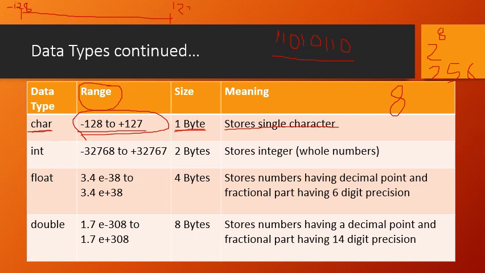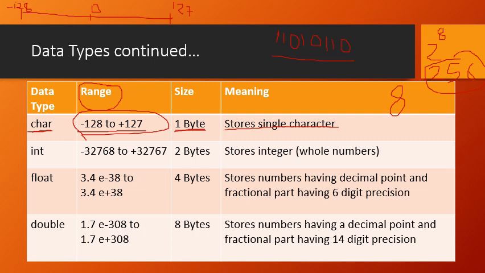In between you get a 0 as well, right? If you count all these numbers, from minus 128 to 127, you will get exactly 256 as the range. That is what this range actually means.